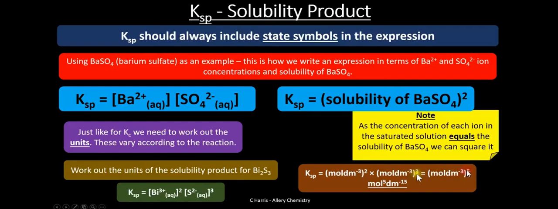If you know your laws of indices, the product law, you're going to multiply that, so that's going to be mol^5 dm^-15. Okay, so you need to be able to calculate your units for Ksp like that.